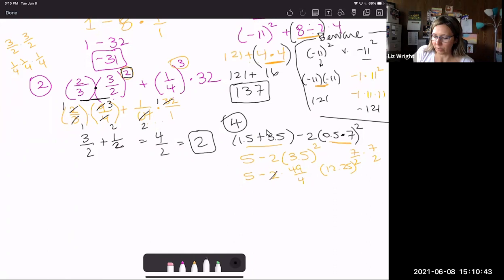Then I'm taking this 2, and that becomes a 2. And then here, I'm essentially saying, what is half of 49? Half of 50 is going to be 25. So then half of 49 is going to be 24.5. Or you could do 24 and 1/2, or you could leave it as 49 over 2.